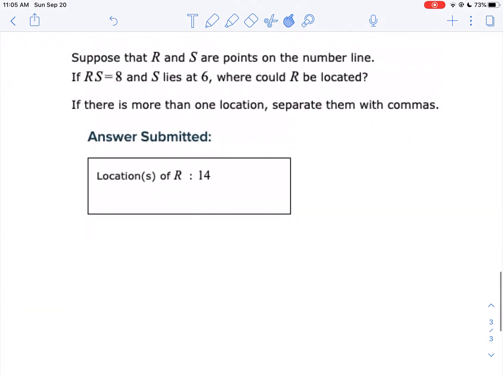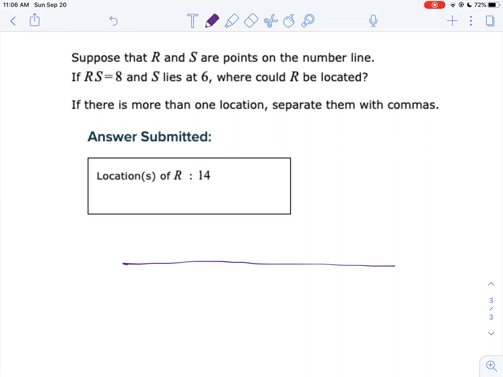Third problem I want to go over with you. In the third problem, you're partially right. Let's talk about the good part, and then we'll talk about what you need to improve on when you redo this. It says, suppose R and S are points on a number line. RS equals 8, and S lies at 6. Now remember, distance is positive.